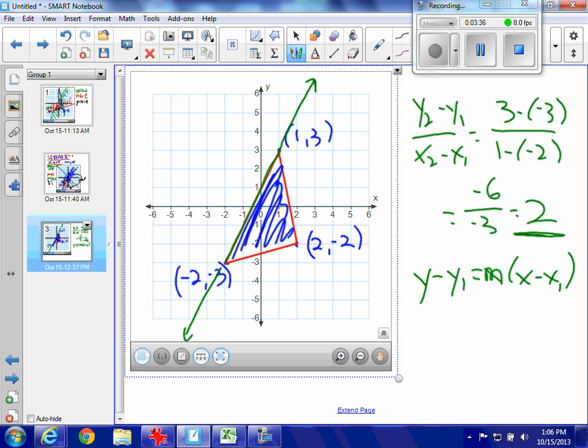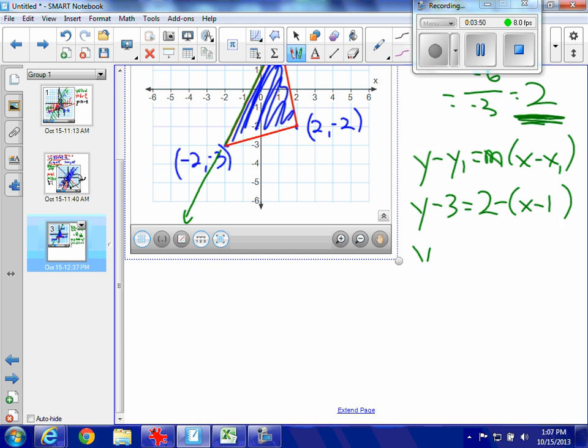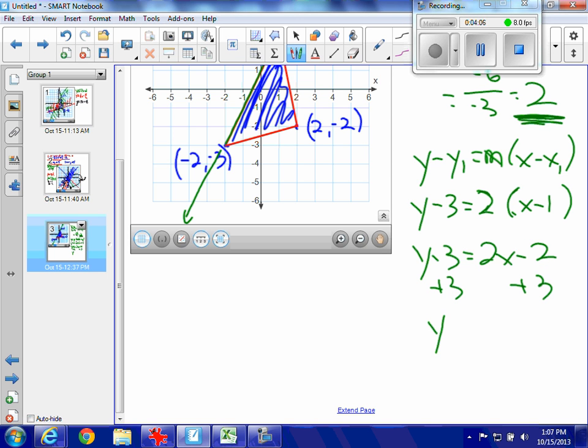I'll do y minus 3 is equal to 2, my slope, times x minus 1. M times x minus 1 is equal to 2x minus 2. I'll add 3 to both sides, and I have y is equal to 2x plus 1.